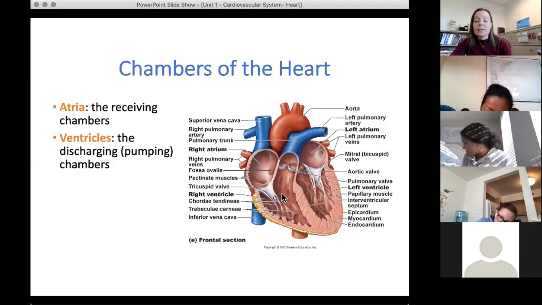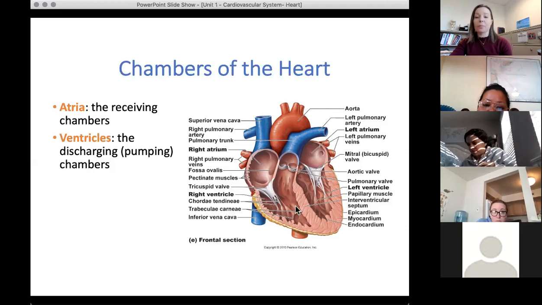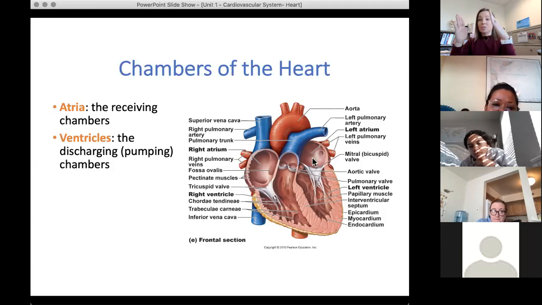Okay, so when the ventricles contract and pump blood out of them, I'll just show you on the right side, that blood is coming from the right ventricle. It's going up through that valve. That valve opens up to allow blood to go through, and just like the cuspid valves, that valve opens one way. It's going to open in this direction to let blood come up and through the pulmonary trunk, and then it closes.